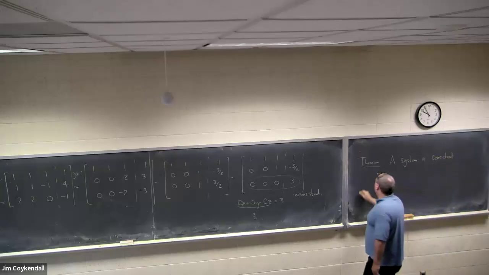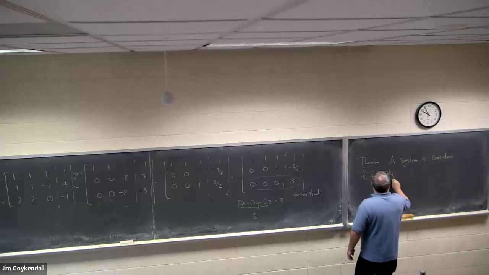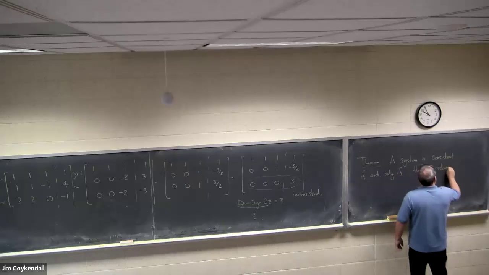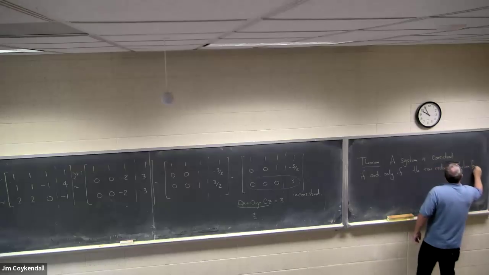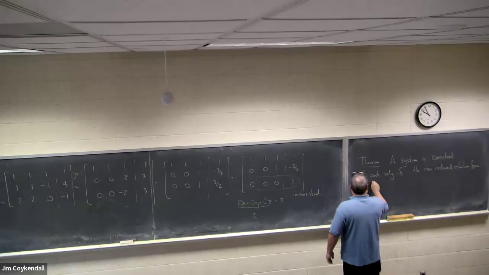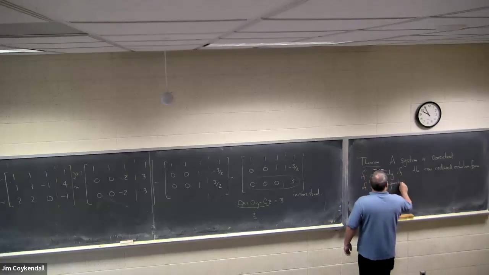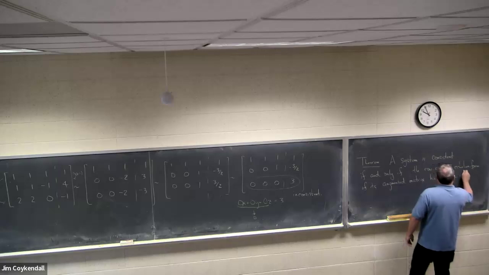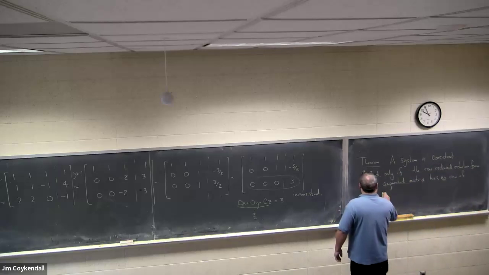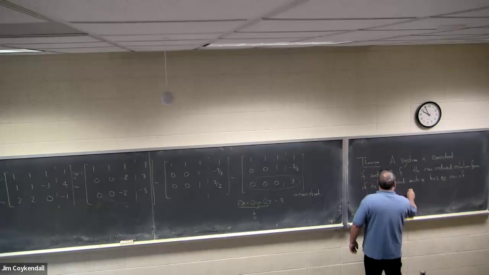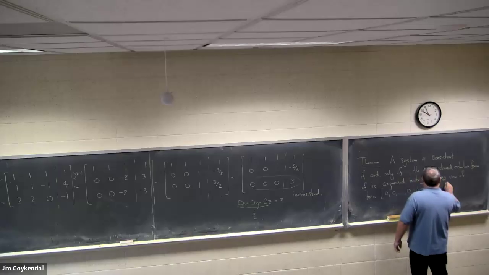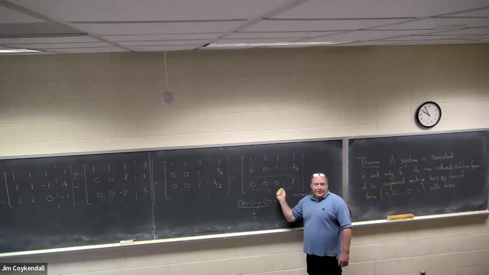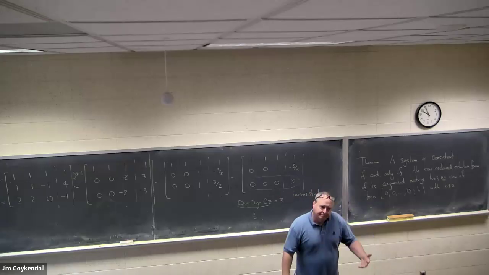A system is consistent if and only if the row reduced echelon form of its augmented matrix has no row of the form 0, 0, 0, B. So if you get any row that has all zeros on one side of the divider and something that's not 0 on the other side, it's inconsistent.